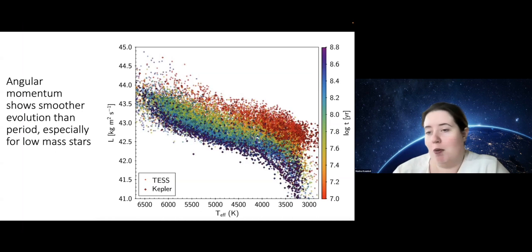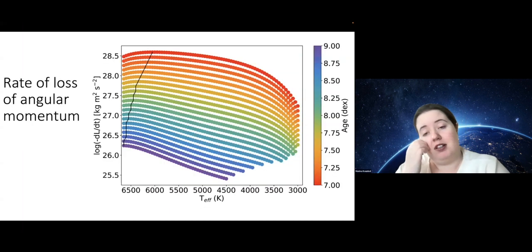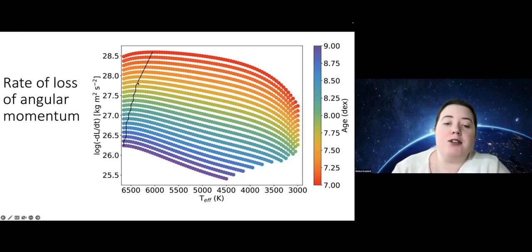And if we do have a polynomial, we can take a derivative of it to see how fast the stars lose angular momentum as a function of age. And here is the derivative of angular momentum as a function of temperature. You see that not only do the youngest stars have the most angular momentum, they also lose their angular momentum the fastest. This black line shows the maximum at a given age range.